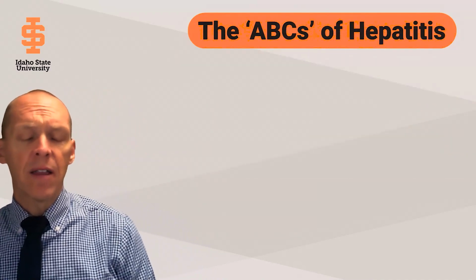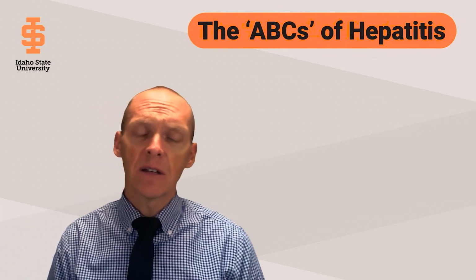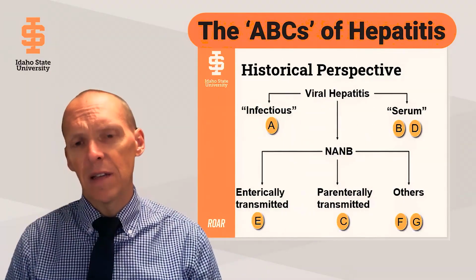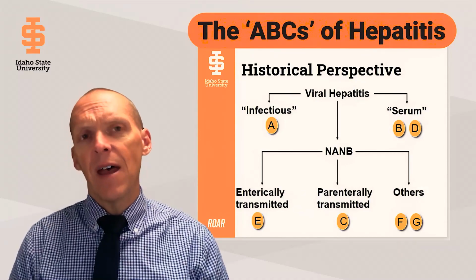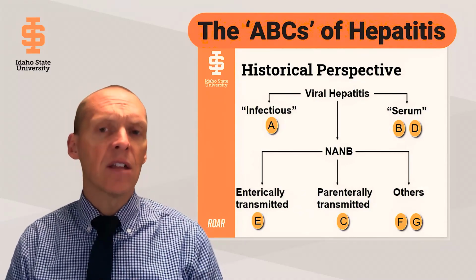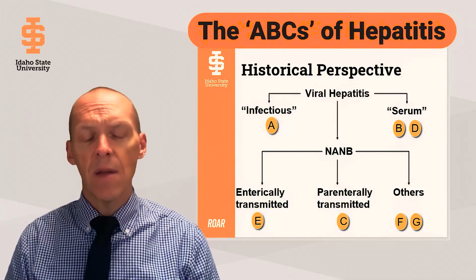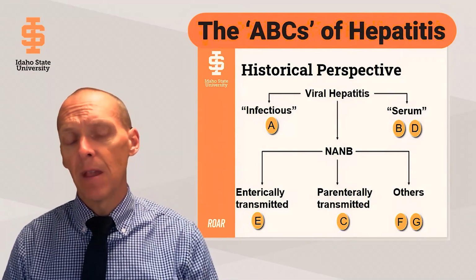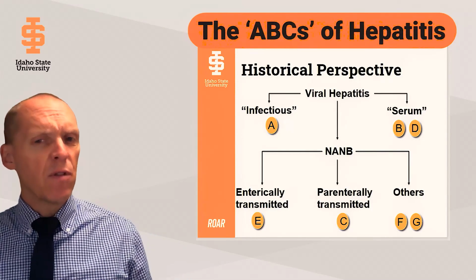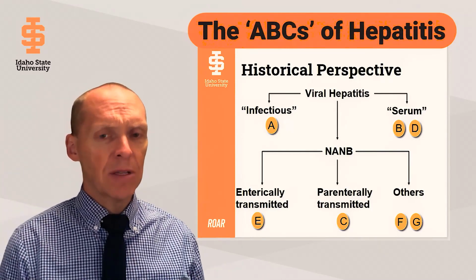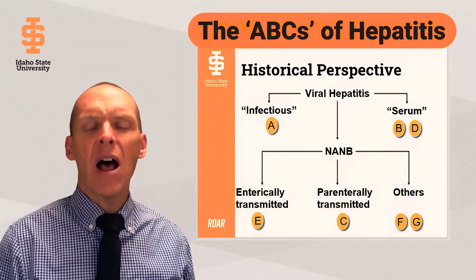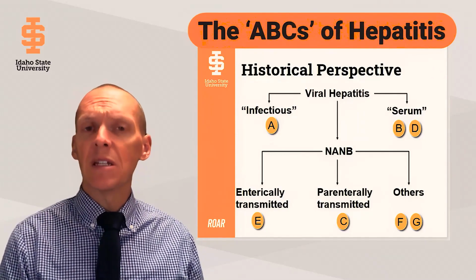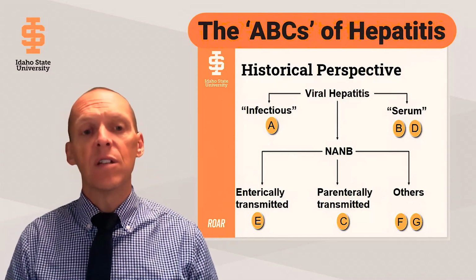Before we dive in talking about the specific types of hepatitis, if we just step back and have a historical perspective, it's important to understand that hepatitis has evolved over the course of time as science has improved and we have a better understanding. Hepatitis A used to be referred to as infectious hepatitis, partly on how it's transmitted, but that is a term you may see in some of the previous literature.